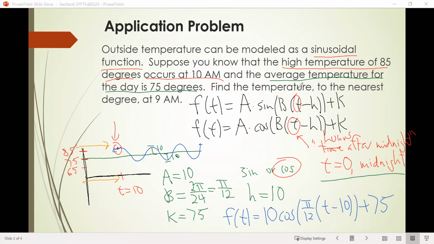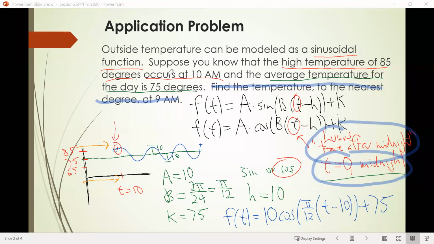All right, and then to finally answer the question, because we haven't actually answered it yet, we have to find the temperature to the nearest degree at 9 a.m. Recall again that our values for t are hours after midnight, and 9 a.m. is 9 hours after midnight. So we simply plug in 9 for t. For the sake of space and time, I'm not going to write all that out.